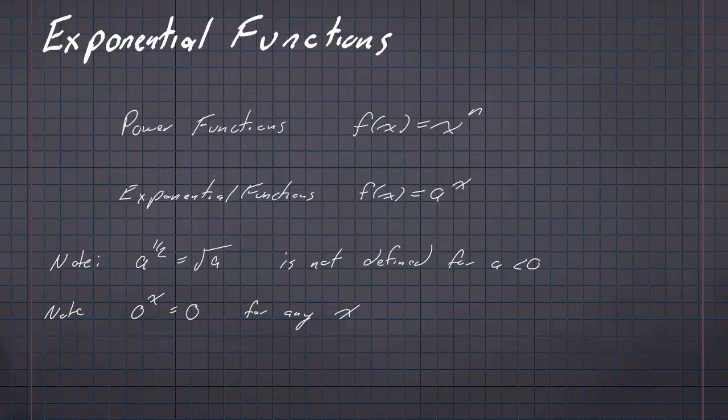So we insist that we deal with an exponential base a which is greater than 0 in order to call it an exponential function. The base of 0, like I said, is boring. Negative bases tend to break things at random places. And breaking things at random places is a little bit annoying, so let's skip that.